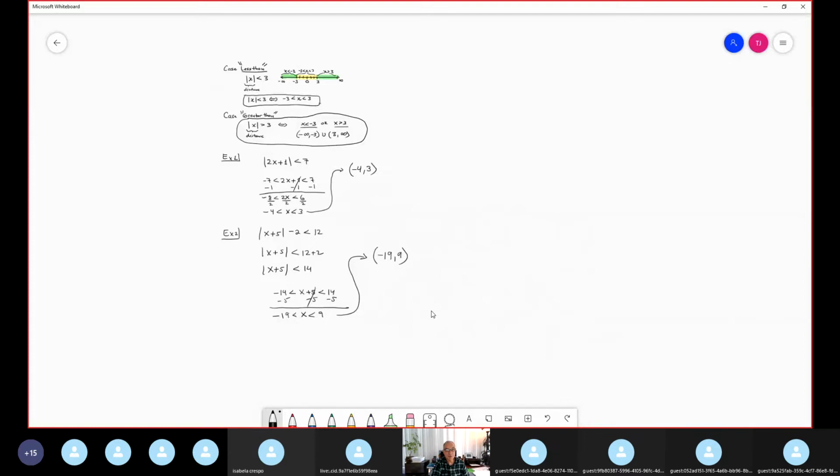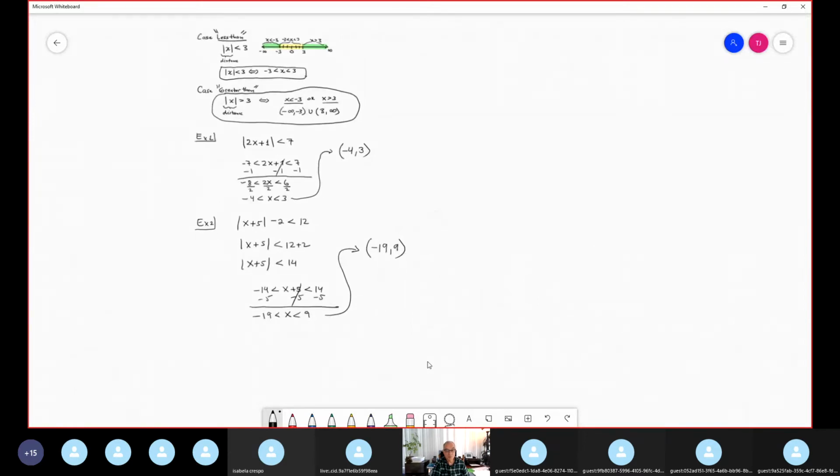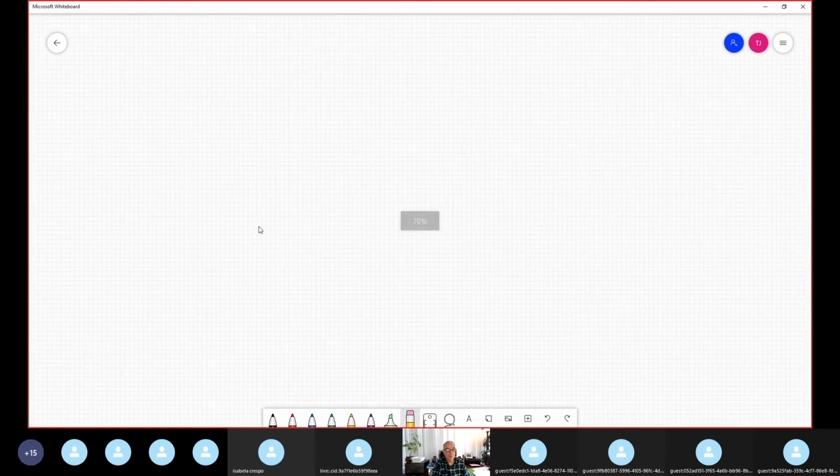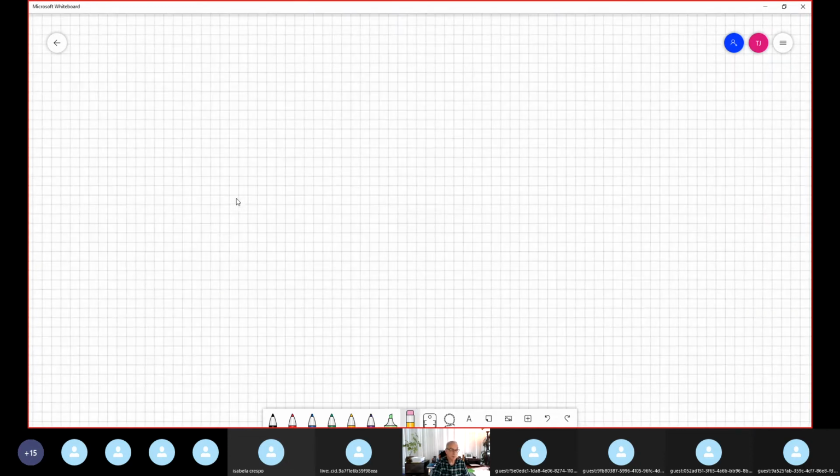Okay, guys, I want to erase the board. Okay, another example. Suppose this: absolute value of 3x minus 1 less than or equal to 11. When I finish that, do you expect one interval or two intervals? One piece or two pieces? Answer me.